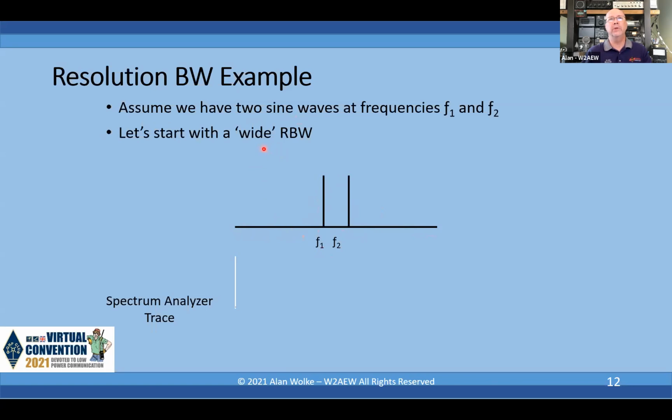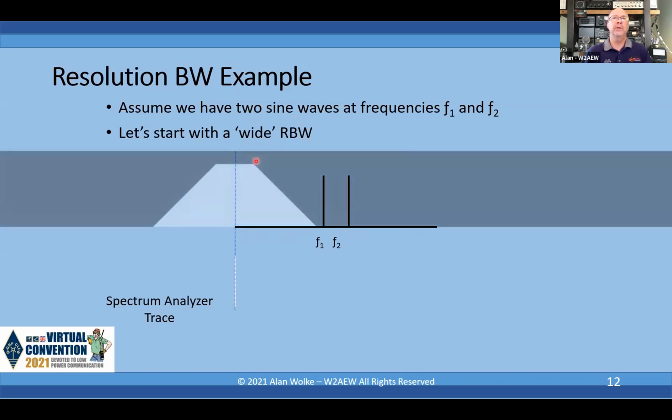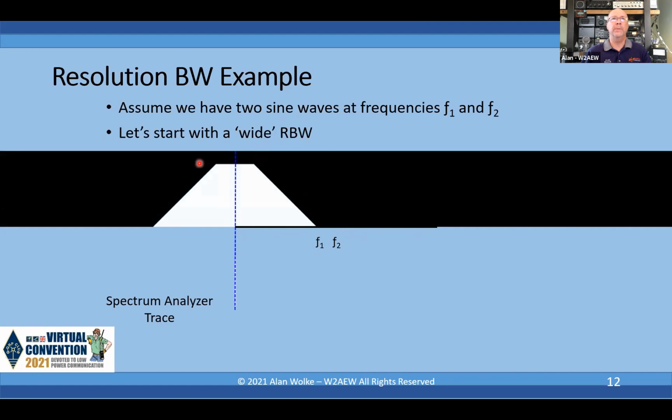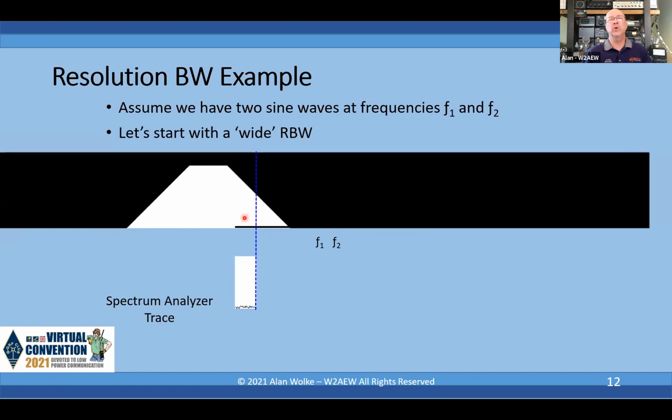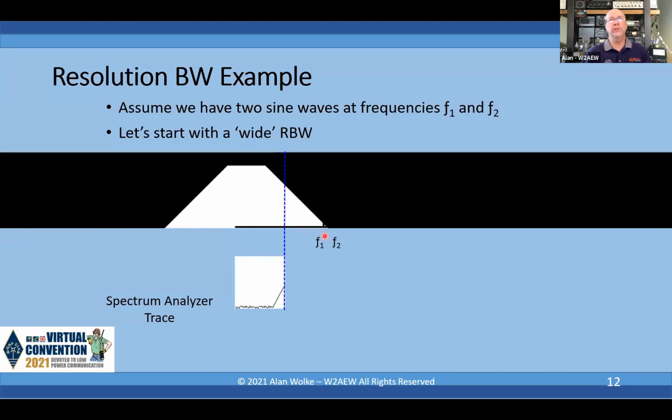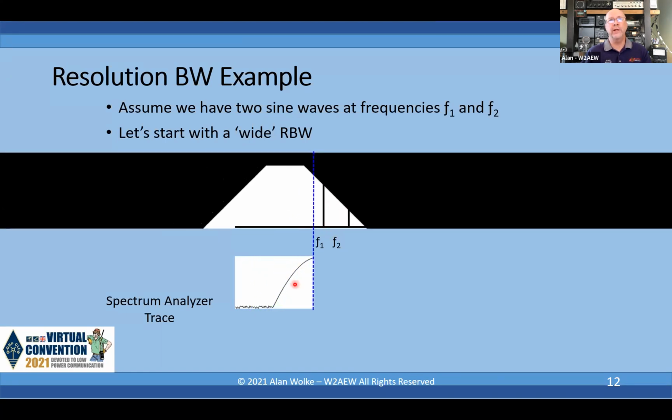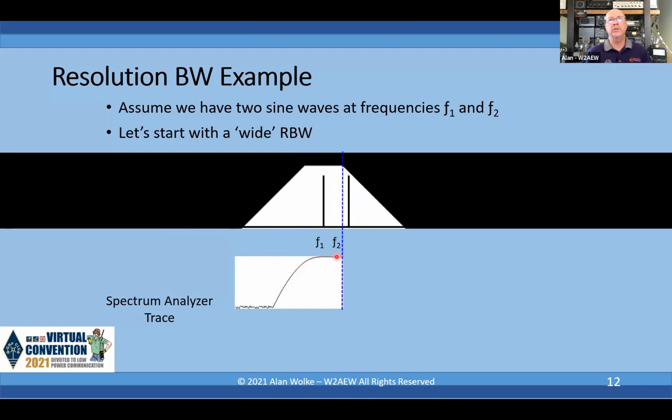Let's look at what happens if we try to plot this out on a spectrum analyzer using a wide resolution bandwidth. You can kind of picture the filter as a mask, right? And the detector is going to detect the total power in this white area, okay? So as we sweep this across those two frequencies, as those frequencies enter into the filter, they start adding up and being detected as power.